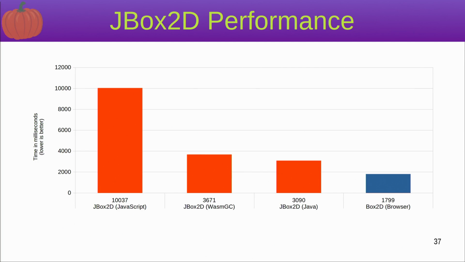So if you were to take your Java code and compile it to WebAssembly GC and run that in Chrome, you can see that, yes, the WebAssembly GC is much faster than the JavaScript, but it's not quite as fast as normal pure Java running in a JVM. But I guess it's still early on. So over time, this performance gap might narrow as the WASM-GC matures a bit and as the compilers to WASM-GC mature a bit. But if you need the best performance, it's probably better to go with C++ and compile it to WebAssembly and run that in a browser.